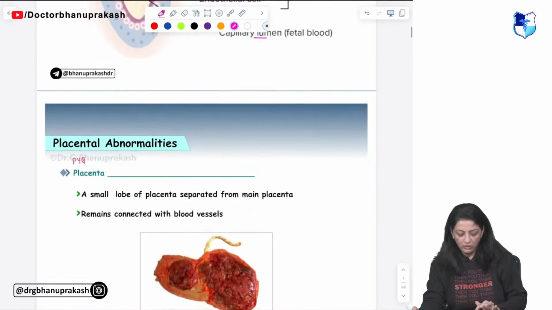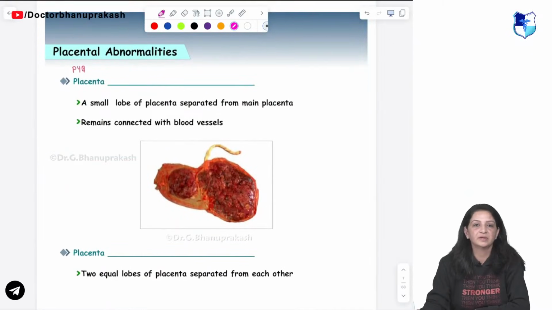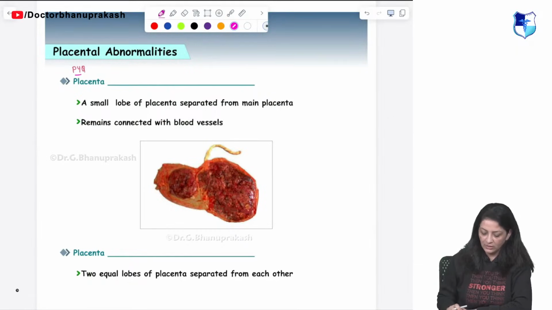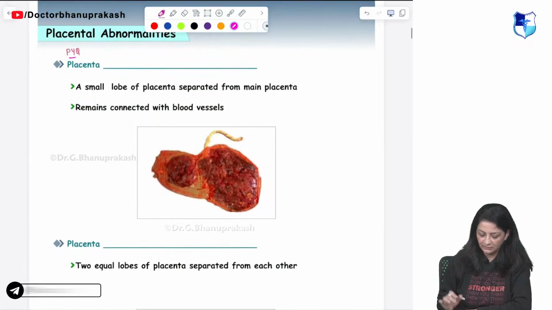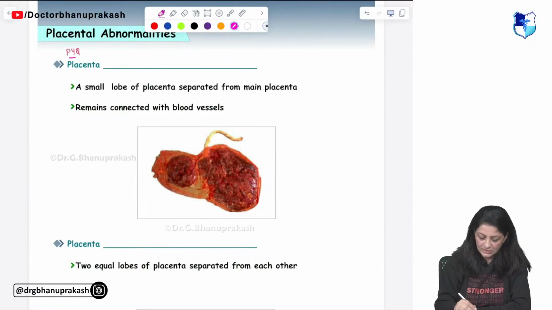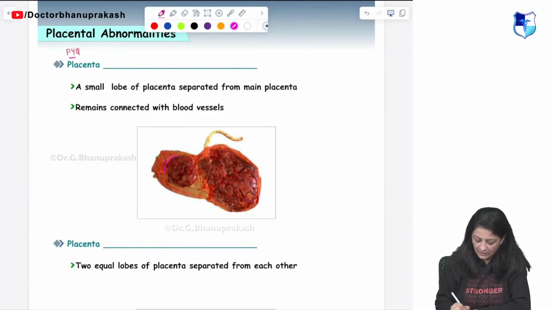Now moving towards the next topic, placental abnormalities. This is a PYQ. Look at this image and tell me the name of this placental abnormality. A small lobe of placenta separated from the main lobe remains connected with blood vessels. This is a small lobe and this is a main lobe.